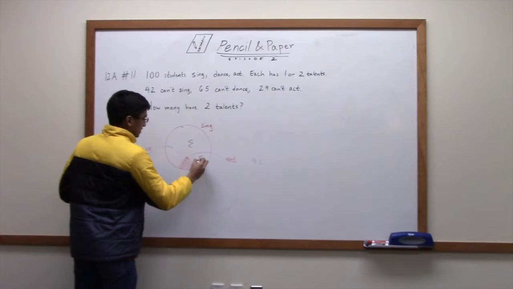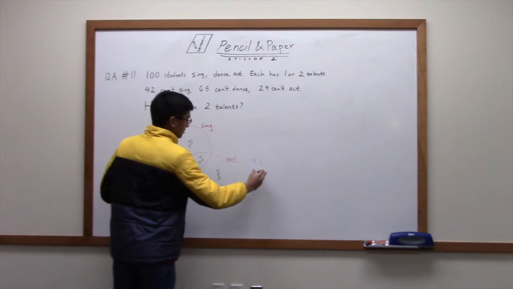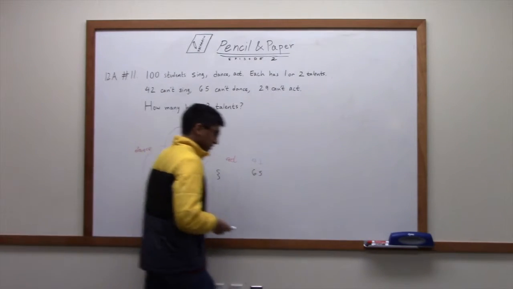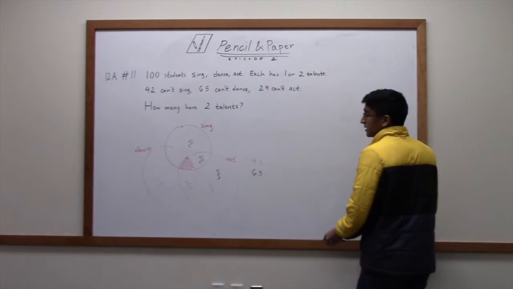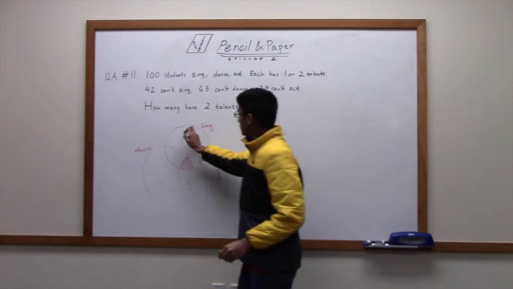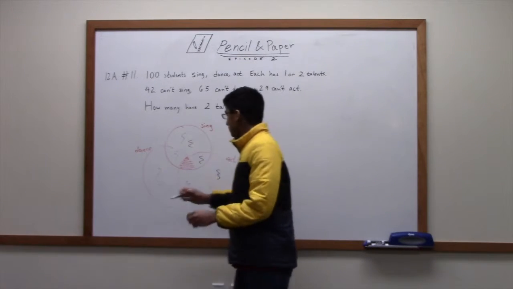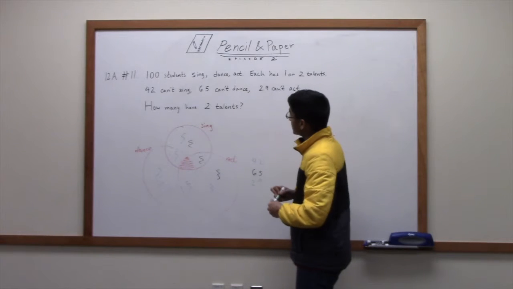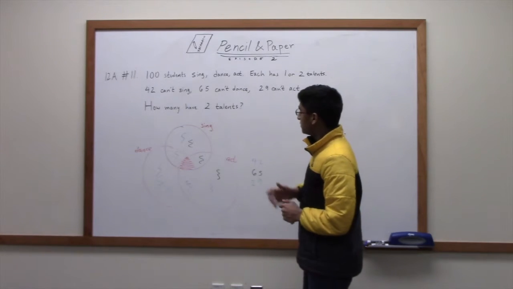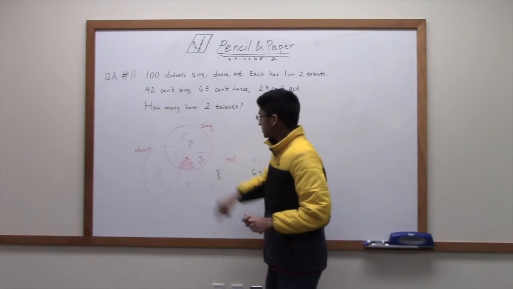So it means these 3 regions add to 65. And then 29 cannot act. So these 3 add to 29. And it's asking us how many people have 2 of the talents, so these 3 regions.